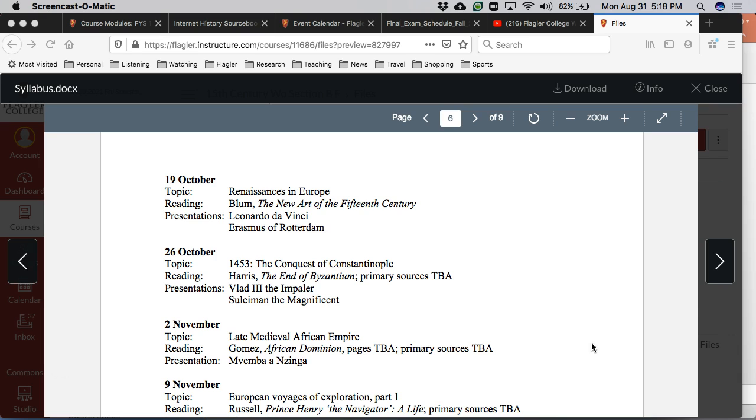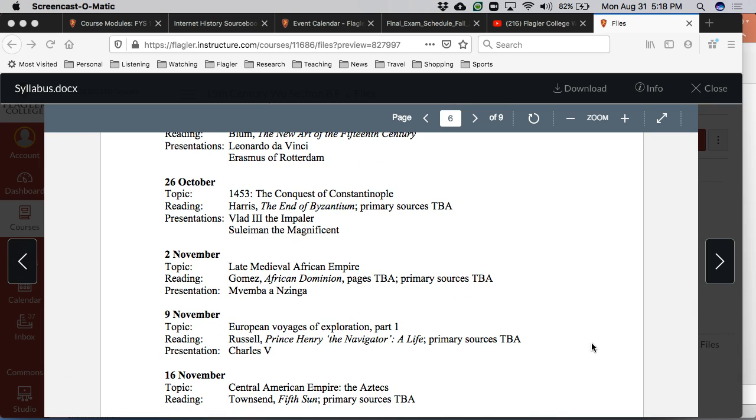Then we'll talk about the conquest of Constantinople, Jonathan Harris's The End of Byzantium. Because the Ottomans were taking over, not just Constantinople, but also the Balkans, there was a rather interesting 15th century figure there, a Slavic guy, who had a habit of running spears through people and possibly sucking blood from their necks.